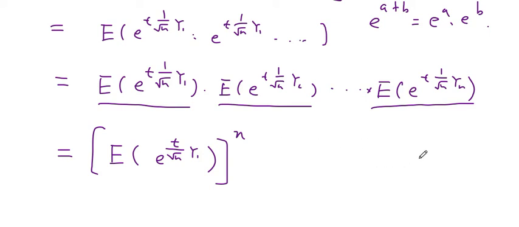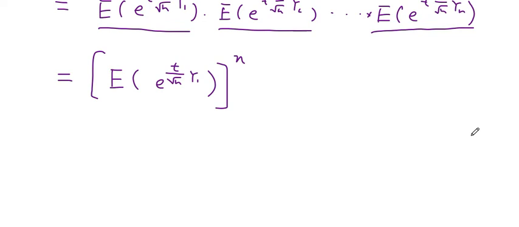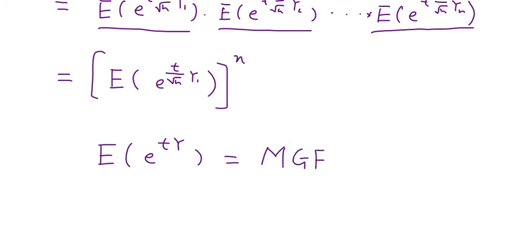So what is inside? This is the moment generating function of this y, right? Here we just let t over radical n be t.